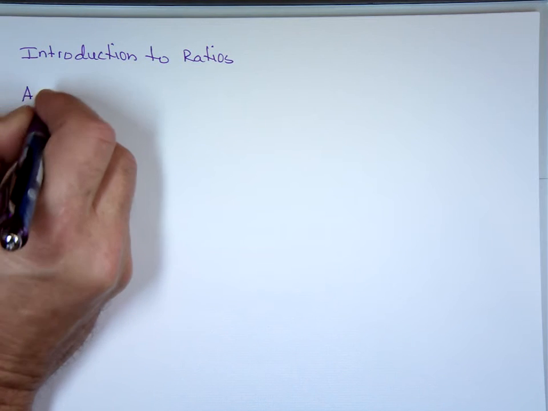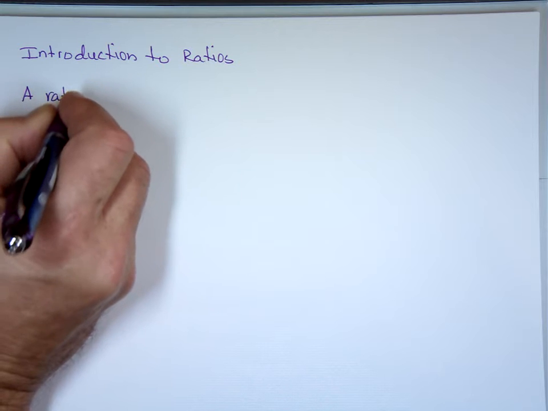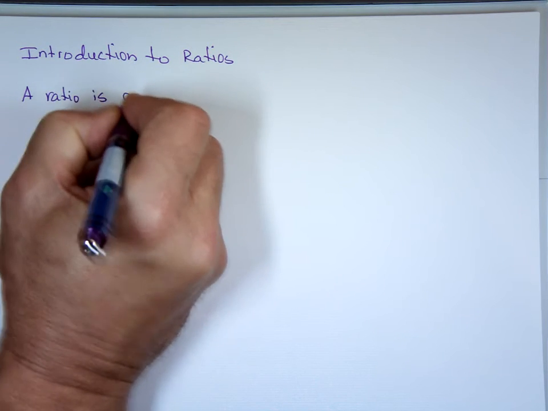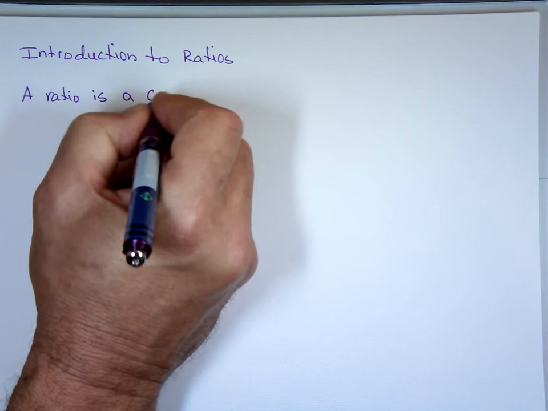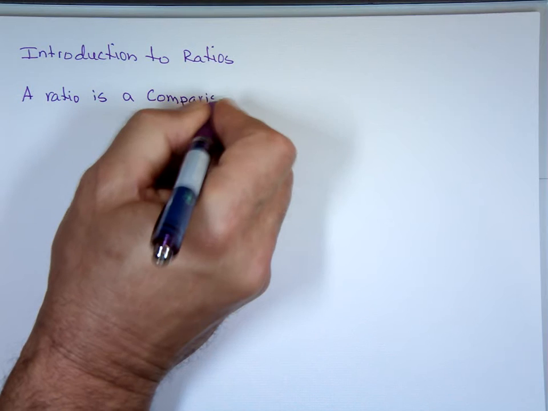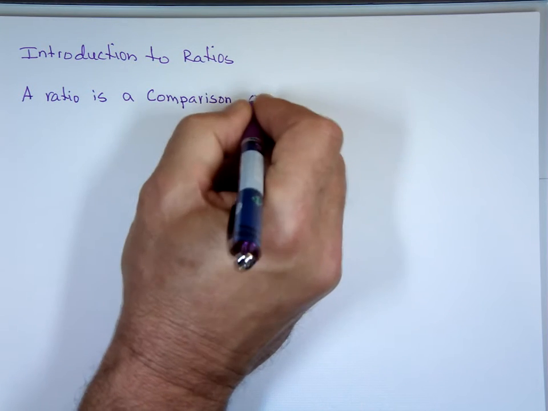So a ratio is a comparison of two quantities.